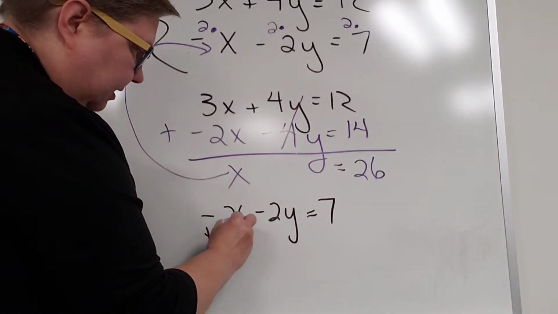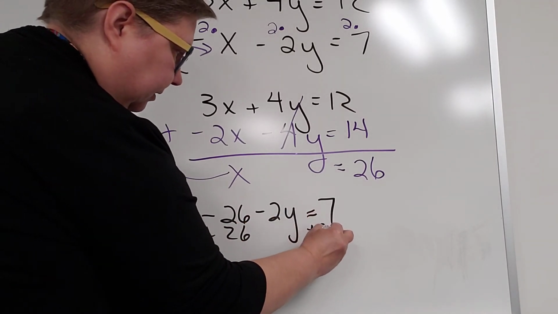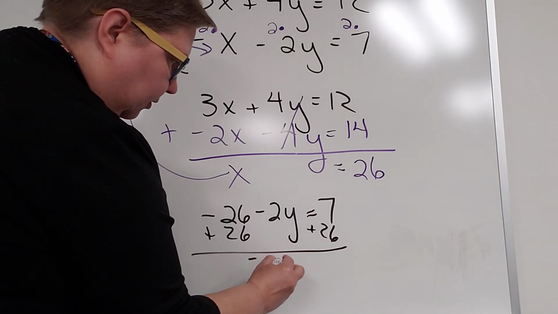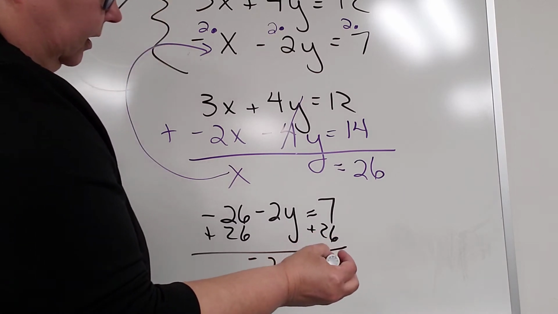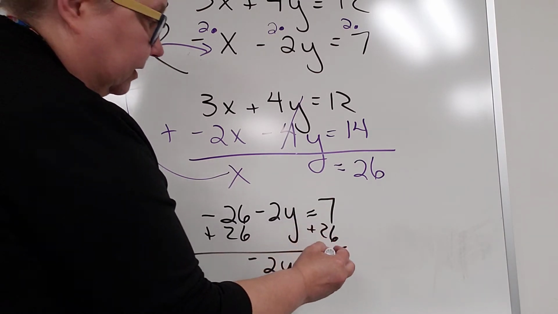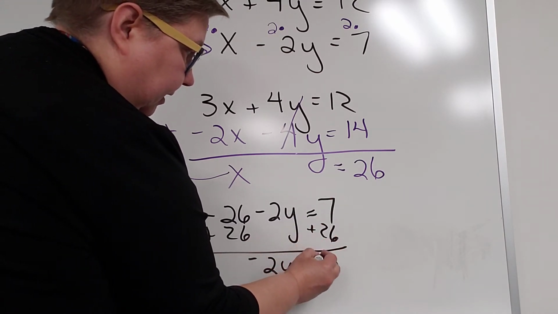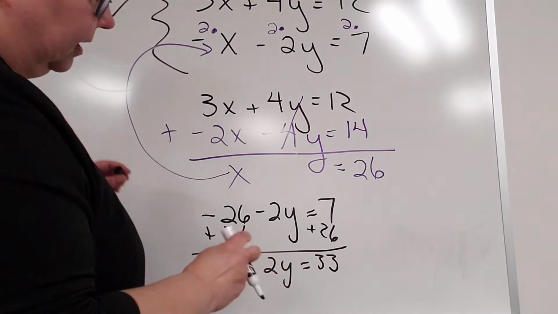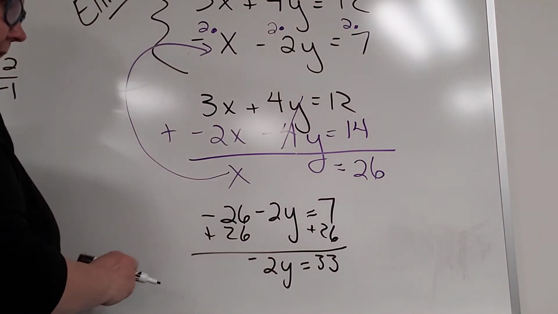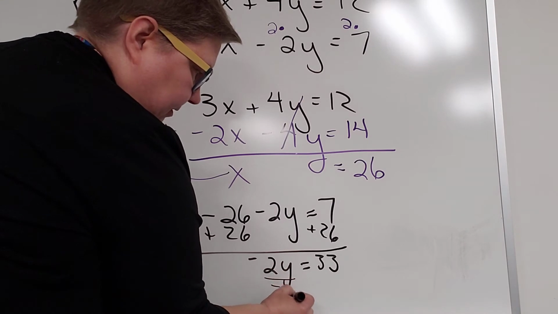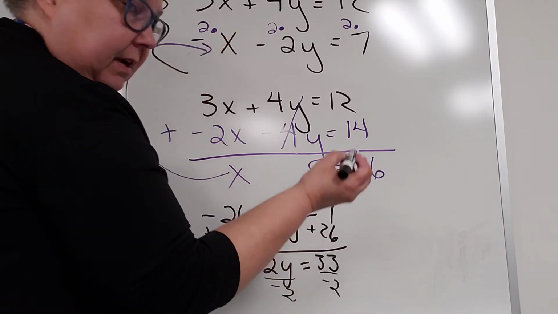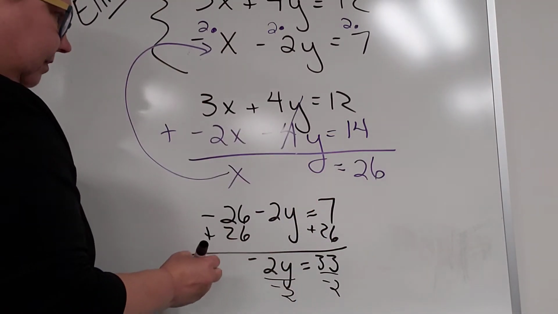Add 26 to both sides. We end up with negative 2y is 33, right? That's what that is, right? And then you divide by negative 2, and we end up again with a fraction now.